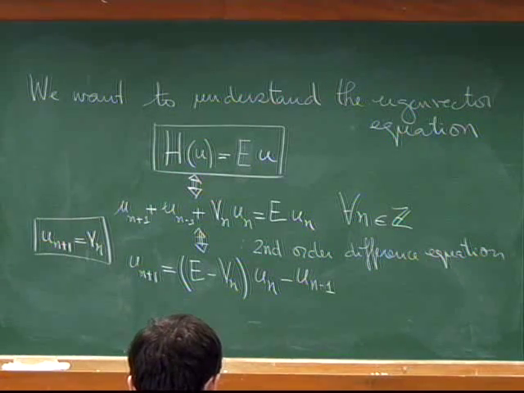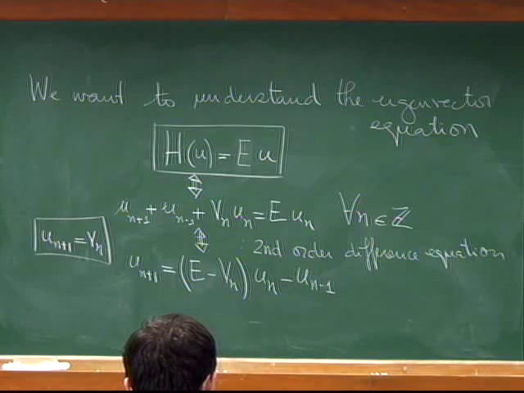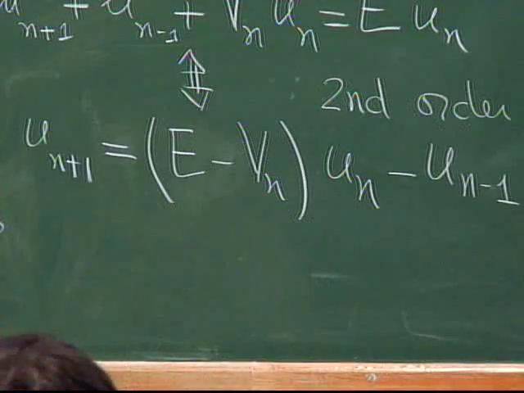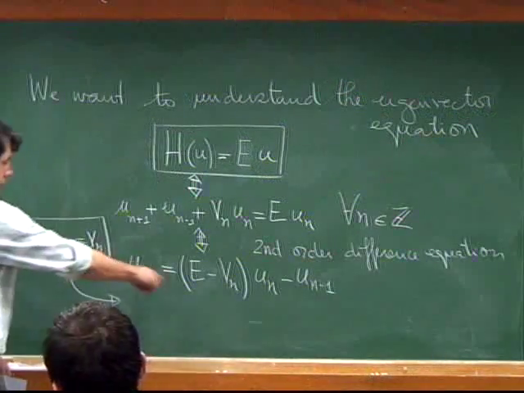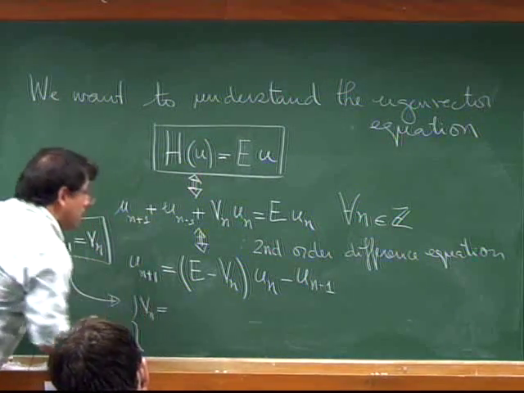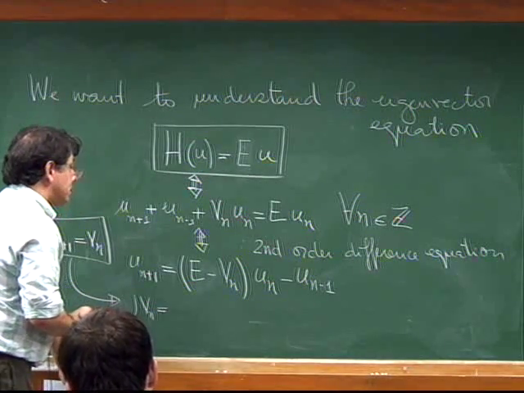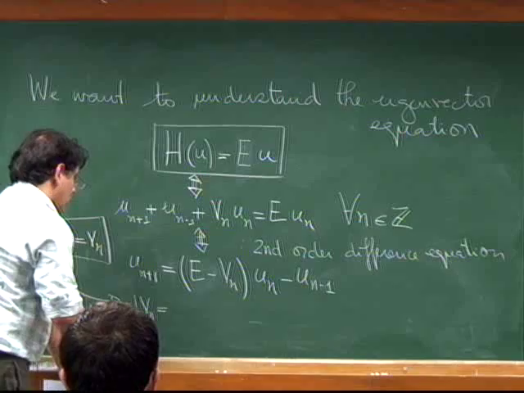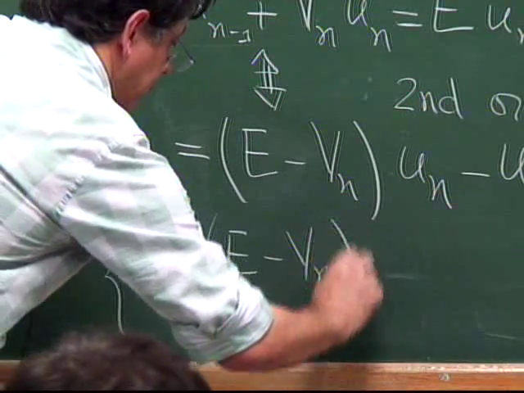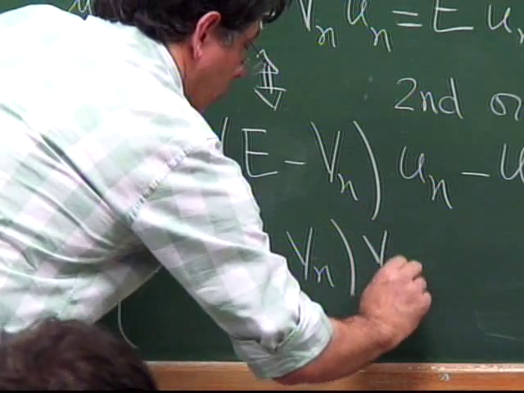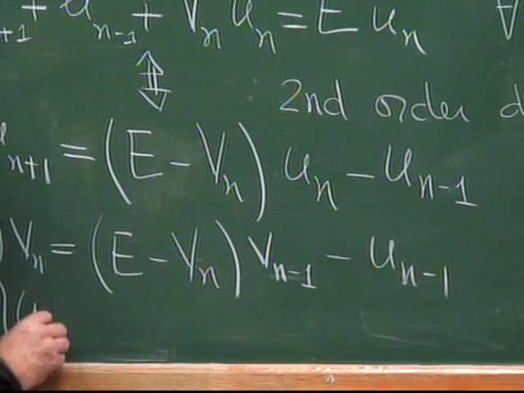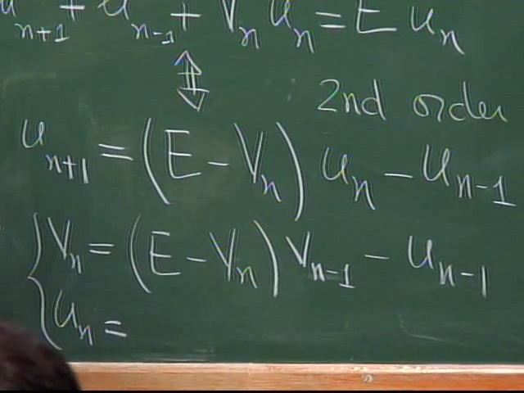Okay? And now, with this new variable, I can write the equations as follows. v_n equals (E minus V_n) v_{n-1} minus u_{n-1}. u_n equals v_{n-1}.